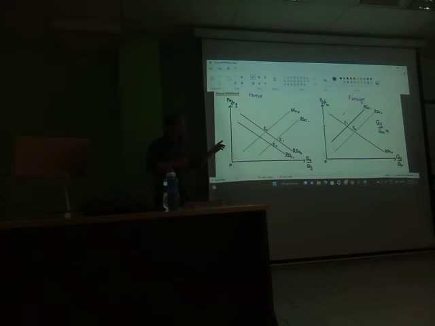And consequently, the producers in foreign will reduce the supply of Y and increase the supply of X. Although I specialize in Y, for example, in foreign, when I see the price of X is so attractive, I also try to supply some X. Some firms might even withdraw the supply of Y in order to supply X. And the consequence is the supply of Y decreases, supply of X increases.